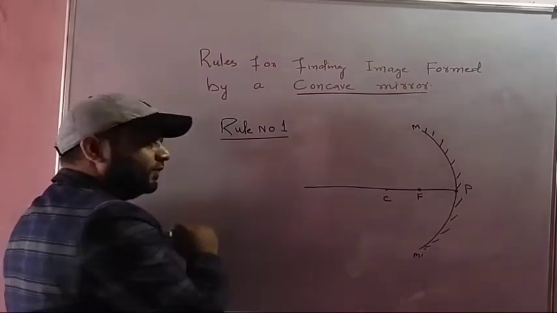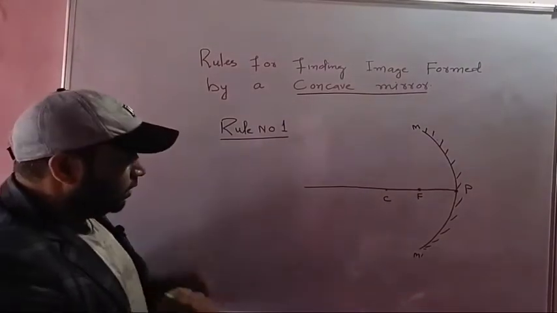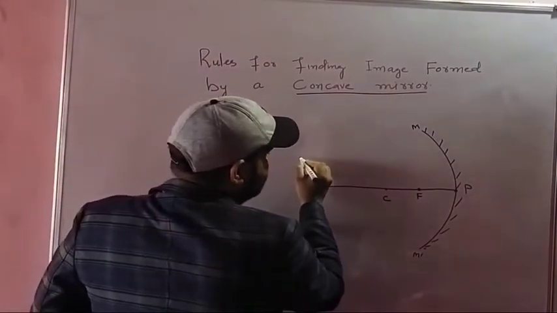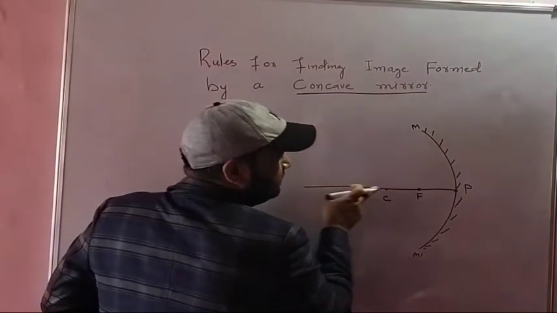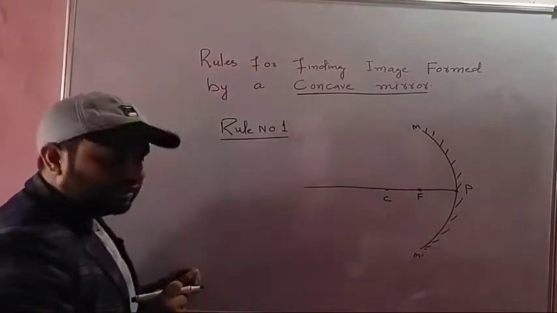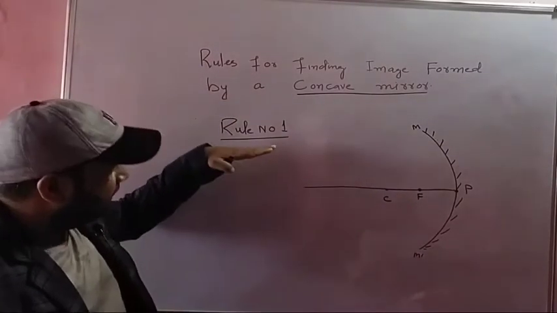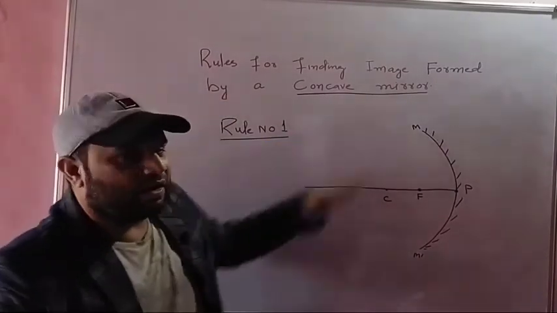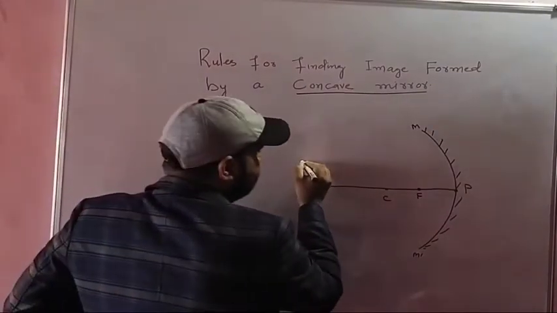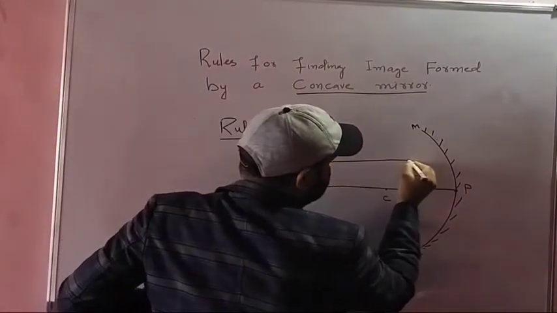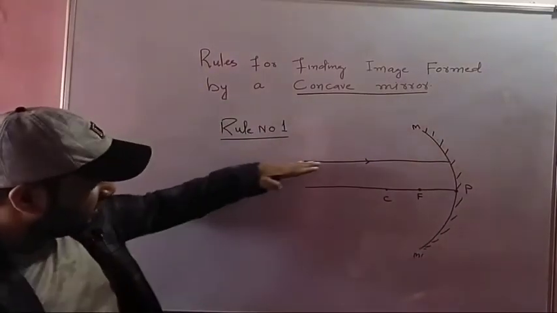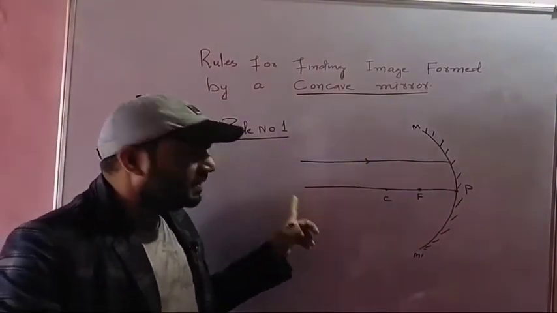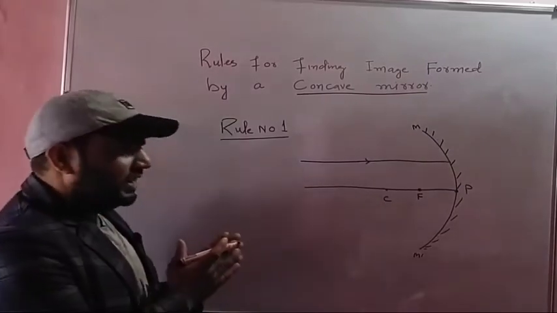Okay, rule number first kya hai beta? Rule number first is, if the incident ray of light is parallel to the principal axis. Shabash. If the incoming ray, or you can say the incident ray, here it is the incident ray, is parallel to the principal axis, ye rule kya kehta hai?